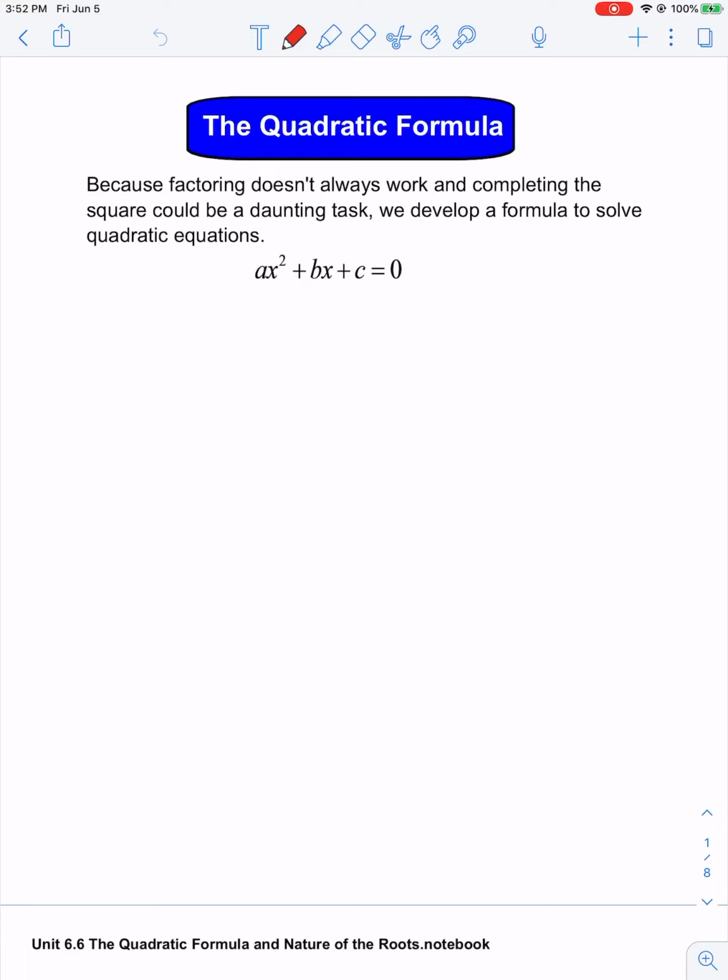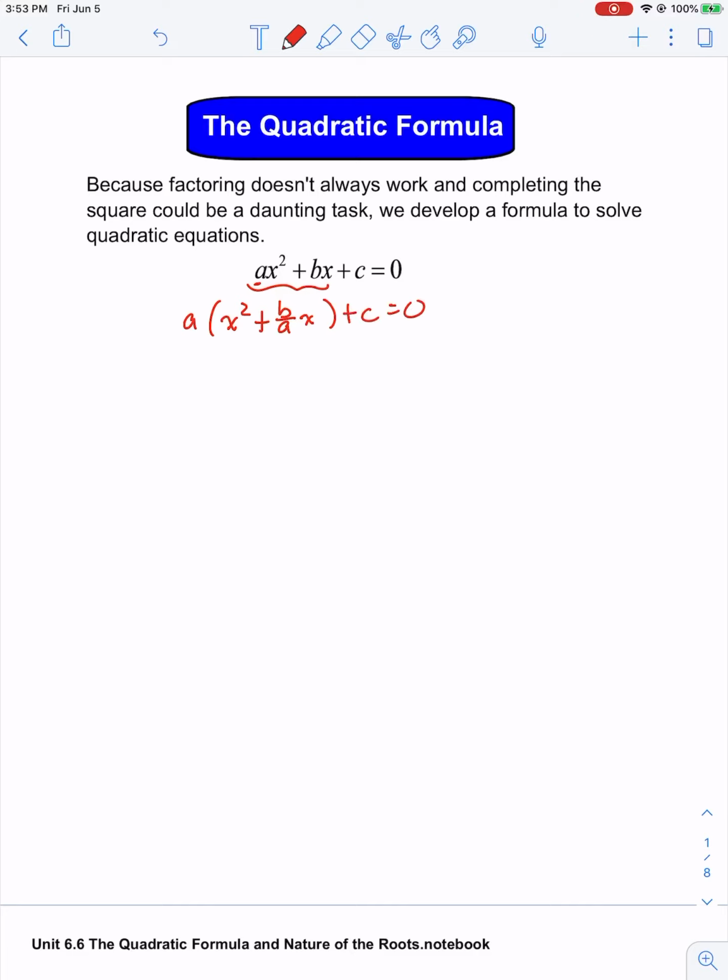So if you recall, completing the square, you take the first two terms and you factor the a out of the first two terms. So I'm going to have an a, and then x squared plus, factoring basically means dividing, so that's going to be b over a x, plus c equals 0.